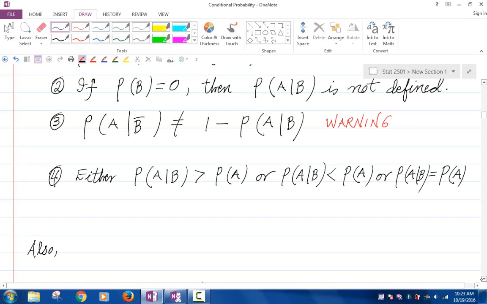But it could be that the probability of A given B is in fact smaller than the probability of A. And the probability of A given B may also be equal to the probability of A. Is everybody okay with that?